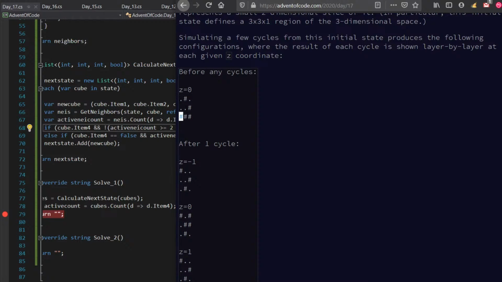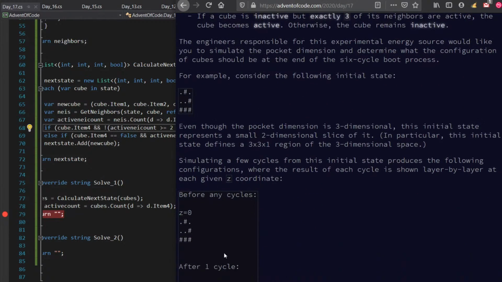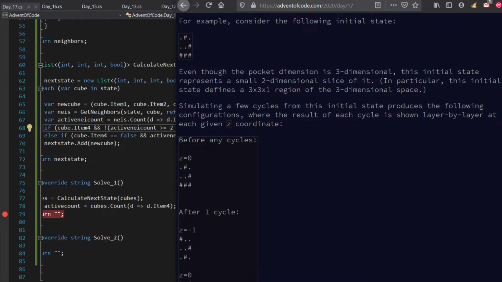This is position 0, 2, 0, which is more than 1 away in the y dimension. So the only neighbor for 0, 0, 0 is this guy, which is 1, 0, 0. So this guy has 1 active.